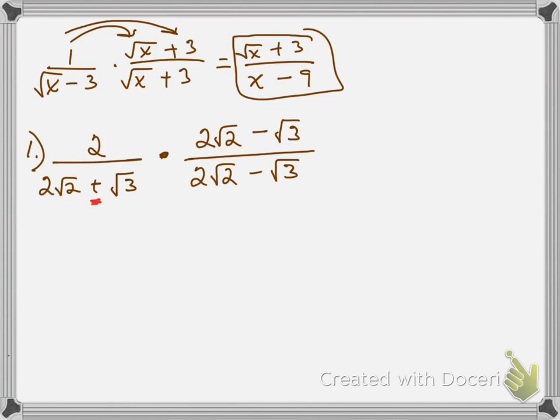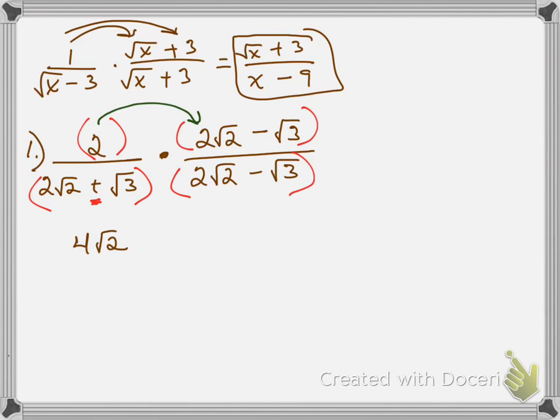Okay? Now, what you're going to do is multiply your top and multiply your bottom. So 2 times 2 square root of 2 gives us 4 square root of 2.